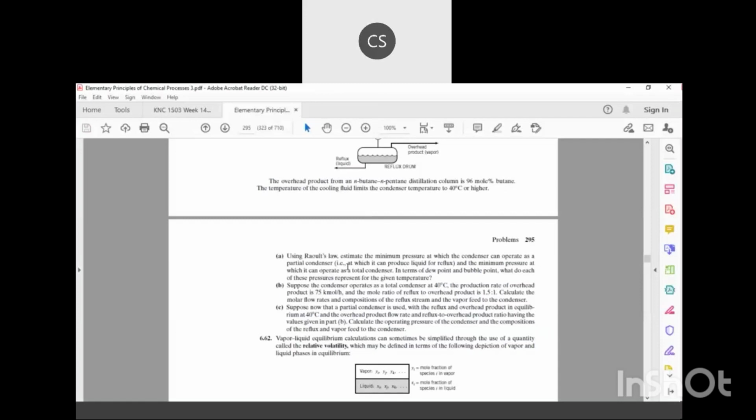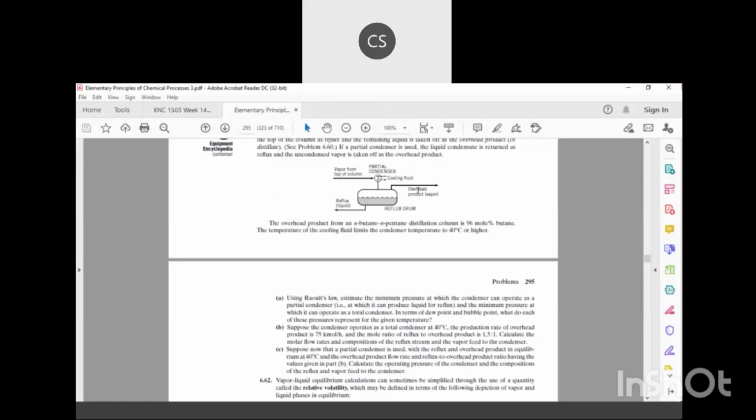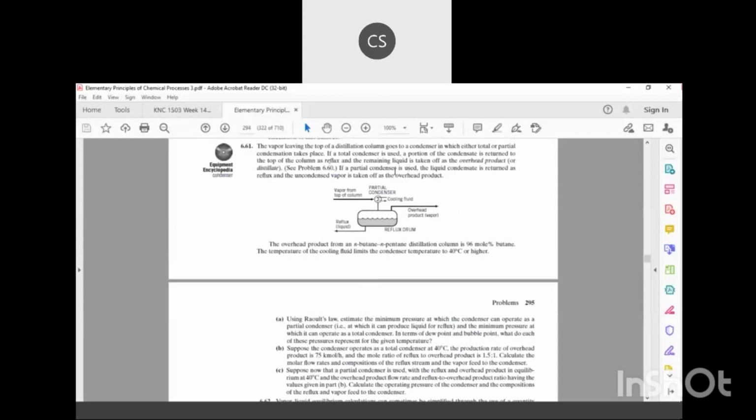That's why, for the partial condenser, it mentions that it can produce liquid for reflux, and for the overhead product, only the uncondensed vapor is taken off as the overhead product, as mentioned here. So this is the definition for the dew point pressure.